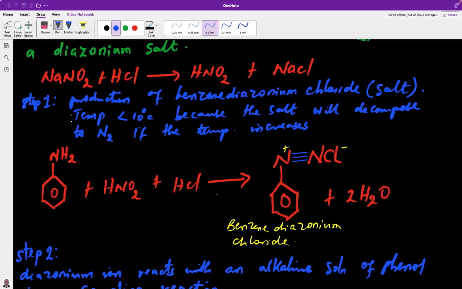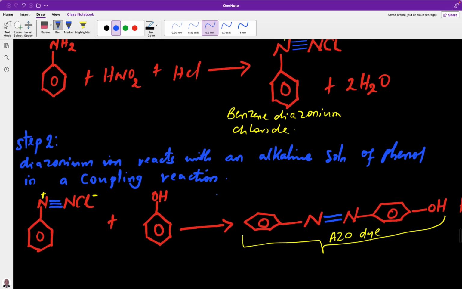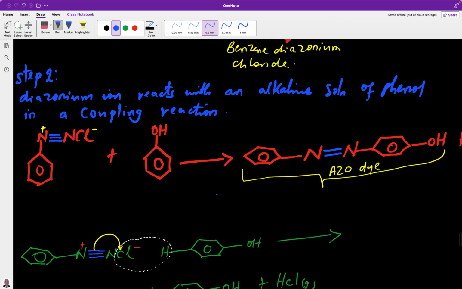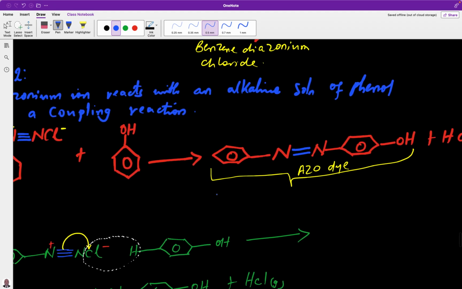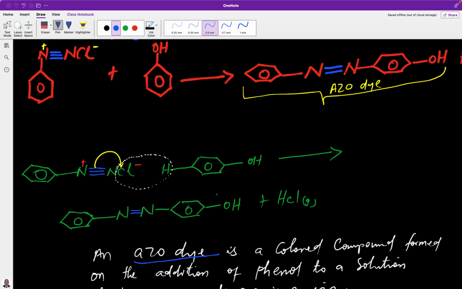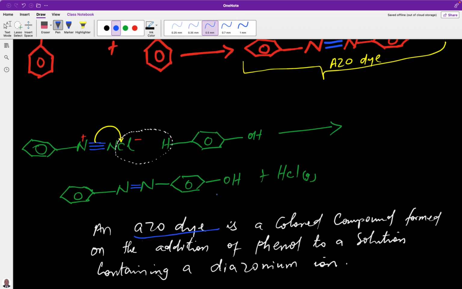This benzene diazonium chloride can now react with an alkaline solution of phenol, and we call that type of reaction a coupling reaction. The resultant product formed is an azo dye. I've given you the equation, and I went further to show you the mechanism that is taking place there. So once more, an azo dye is a colored compound that is formed on the addition of phenol to a solution containing a diazonium salt.